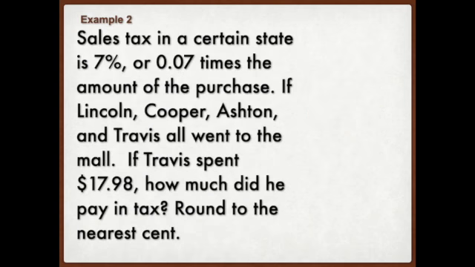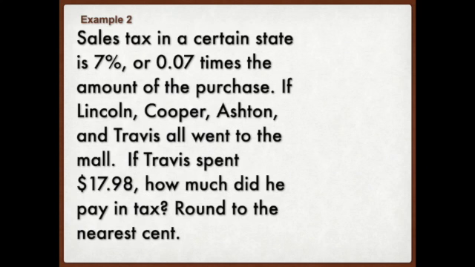Okay, let's do this again. We have 7%. Remember, 7 is out of 100. 100 has 2 zeros, so I'm going to take 7.0 and move it over 2 places to the left, and that's going to be 0.07. Now we have Lincoln, Cooper, Ashton, and Travis.